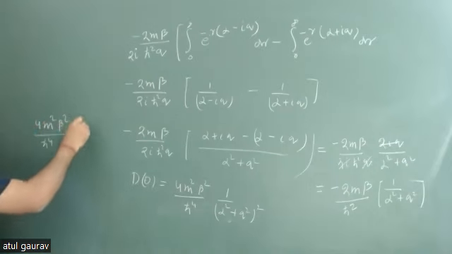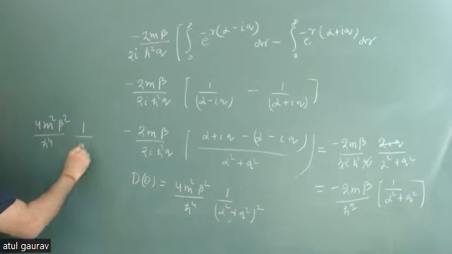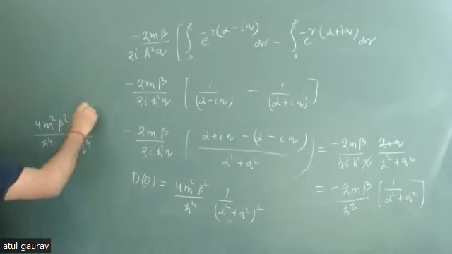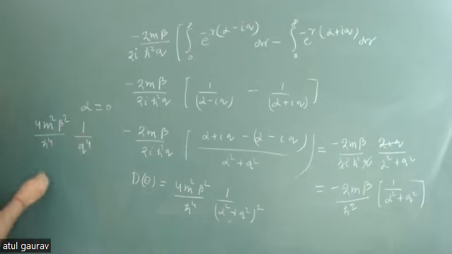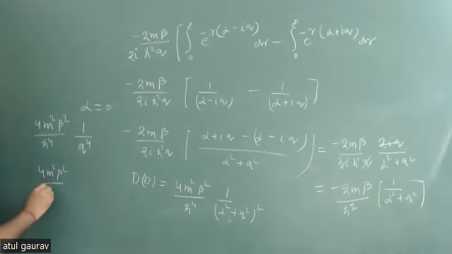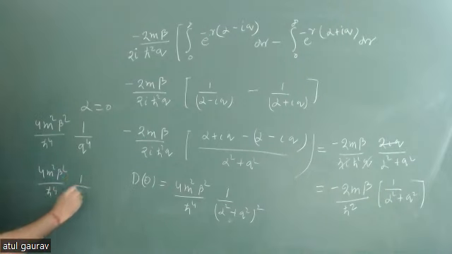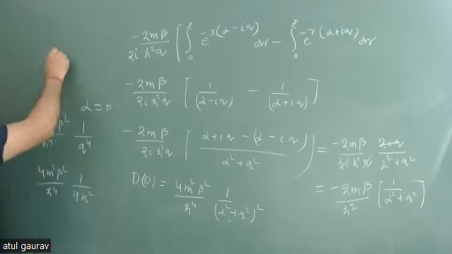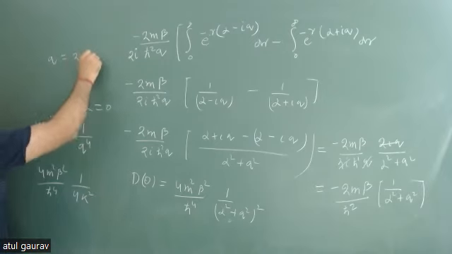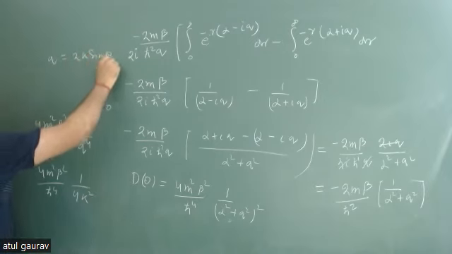Beta can be replaced by k, and here you have q to the power 4 if alpha is equal to 0. And what is your q? 2k sin(theta/2).